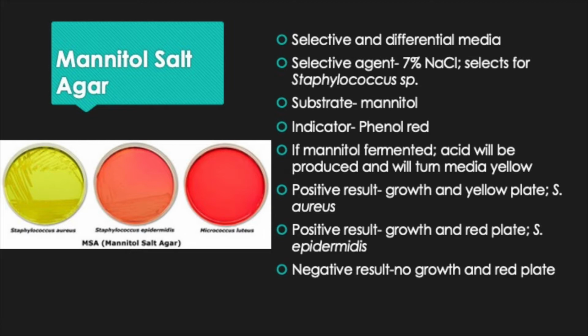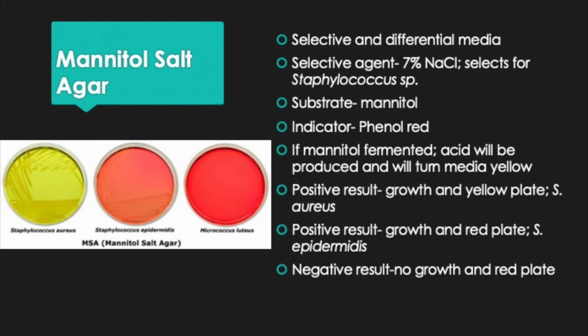If it grows on MSA, then that means that it is some form of staph. Okay, that's the selective part. It's selecting for staph. Other bacteria cannot live in a high salt concentration. That's why your mother told you to gargle with salt water, because the salt kills the majority of bacteria.